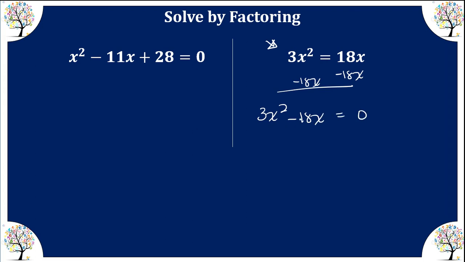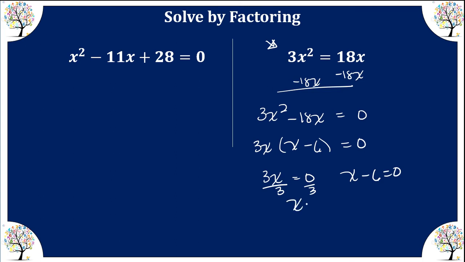We're going to factor out a GCF, which is 3x, and we're left with x minus 6 equals 0. And then we set each factor equal to 0, and you solve. To isolate x, we divide by the 3. So we have x equals 0. So 0 is one of our solutions.